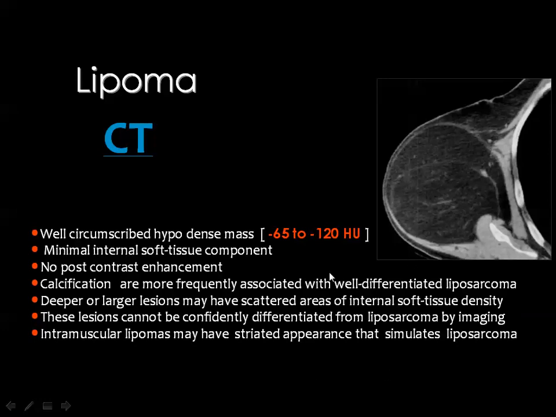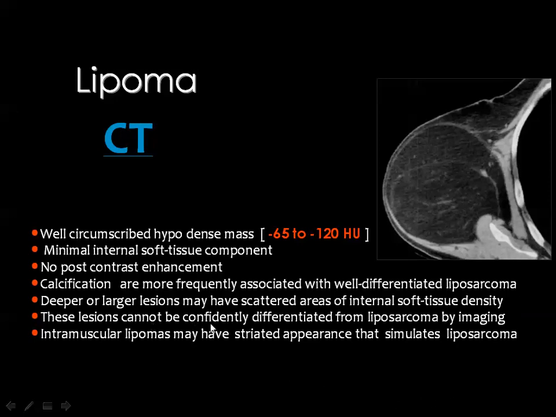And there is no internal soft tissue component, maybe minimal soft tissue shadows like the fibrous septa and the blood vessels are acceptable. Calcifications are more frequently associated with liposarcoma, and whenever you see calcium, it should raise attention for this lesion to exclude the possibility of being malignant.